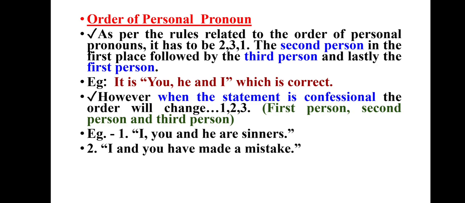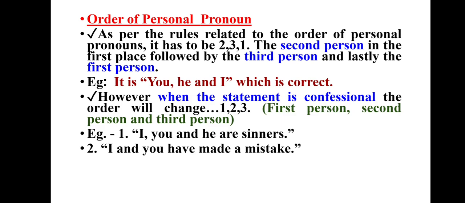So first person is I or we. Why? Because first person may be singular or plural. First person singular is I, first person plural is we. Second person again may be singular or plural, but second person is very important: you and you. Singular is you, plural is you. Third person, when we cannot see the person, may be singular or plural.